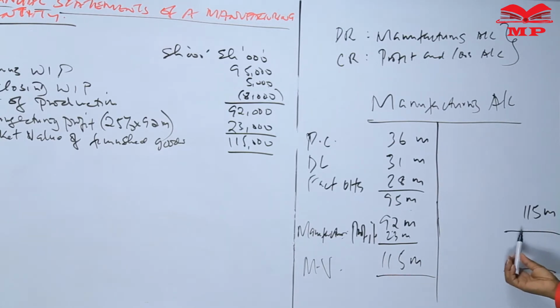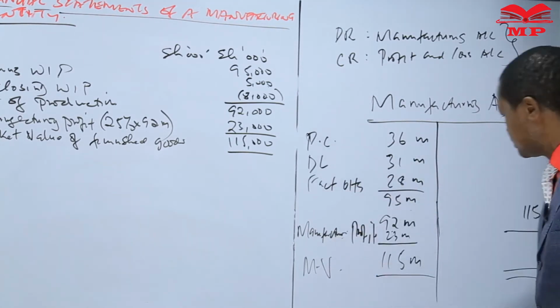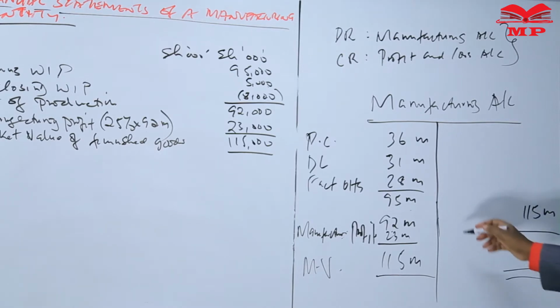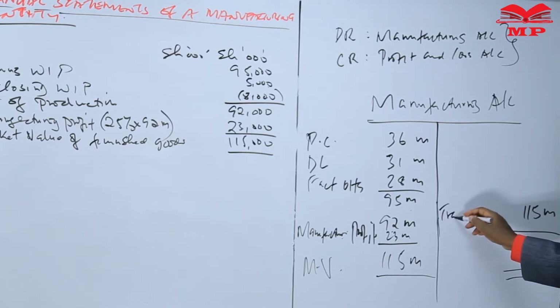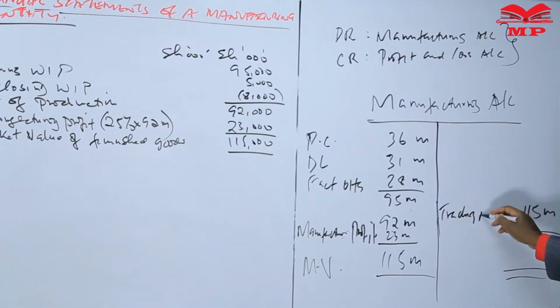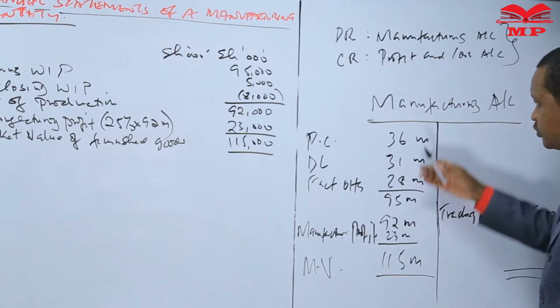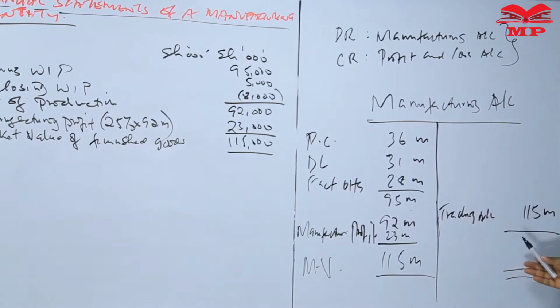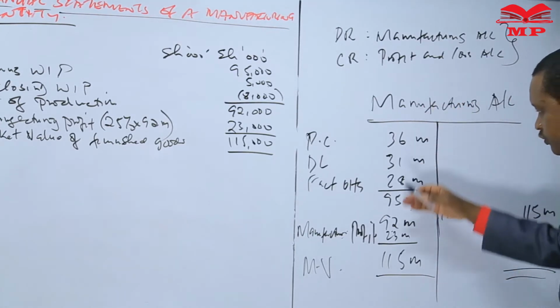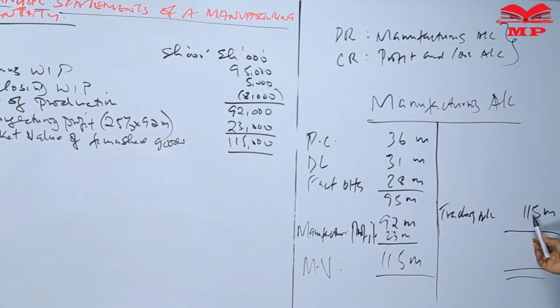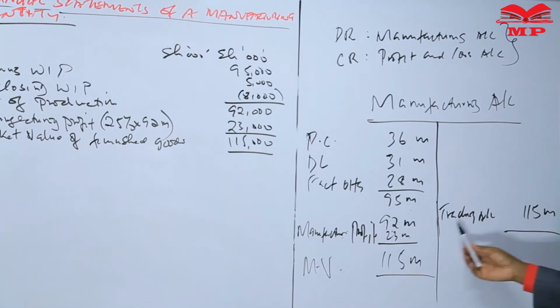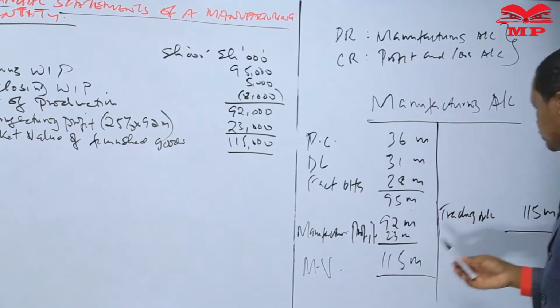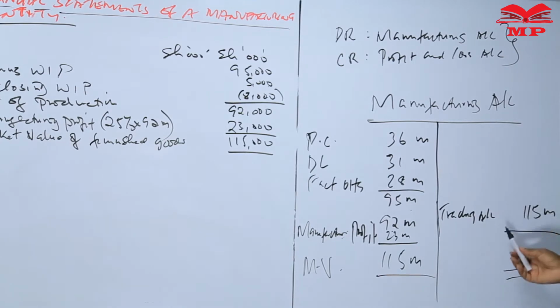Now this 115 million is closed to the trading account. If you are doing the horizontal format, we will close this 115. We do not write balance carried down, but we close it to the trading account.